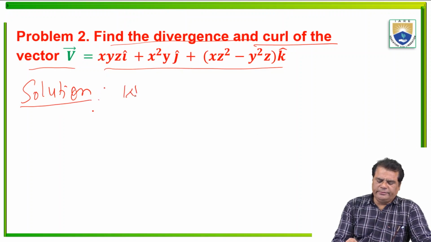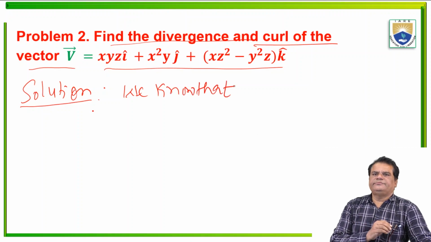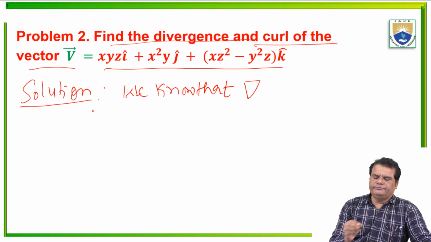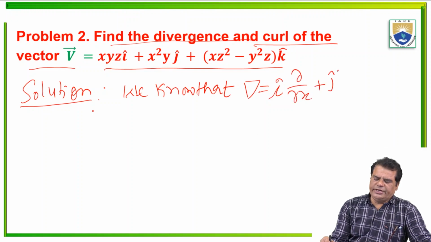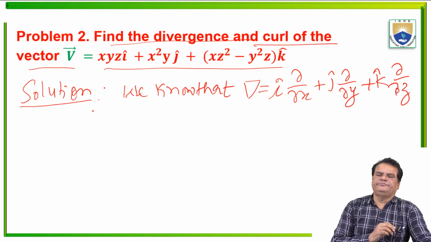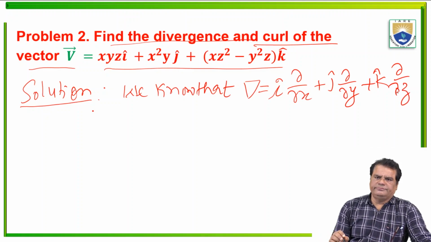We know that del is the three-dimensional differential operator vector. So its value is i dou over dou x plus j dou over dou y plus k dou over dou z. This is already given, this is the formula.